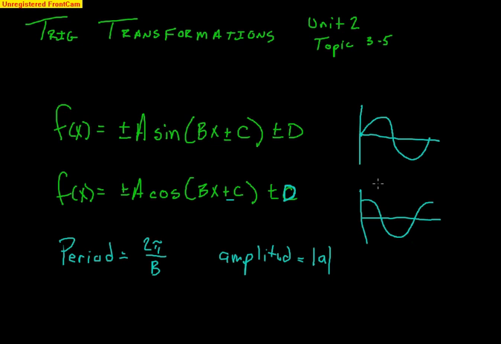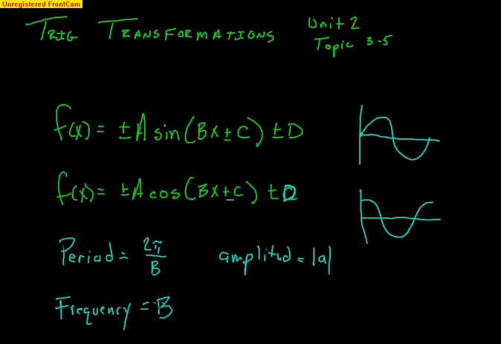All right? So the only other term that we didn't talk about in class is the frequency. Okay, and the frequency of one of these graphs is really just the B value. It's just simply your B value. So the frequency is how many waves occur every 2 pi.